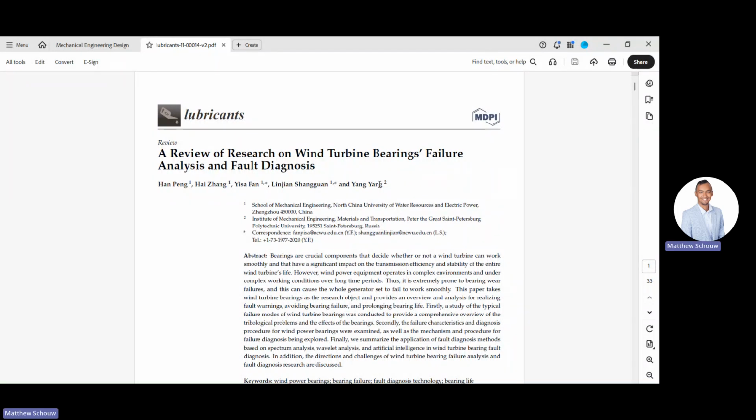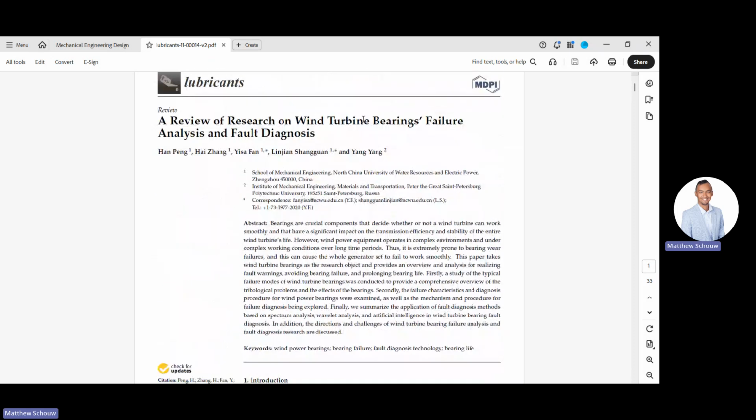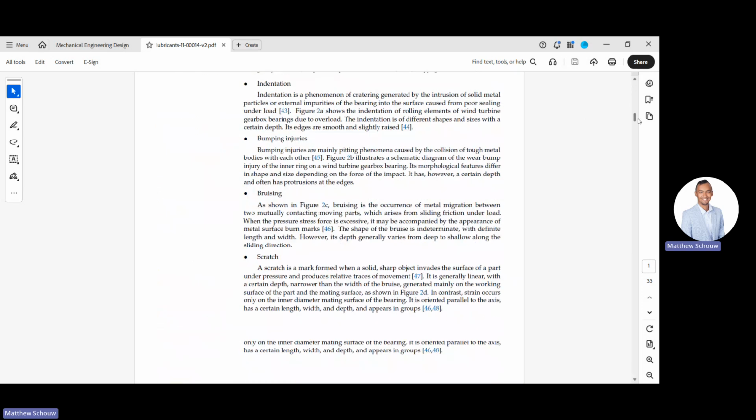So this paper I did present in the last lecture. It's not published by me. It's published by these authors, and it talks about wind turbine bearings failure analysis and fault diagnosis. So obviously why wind turbine bearings fail and how they can diagnose their faults.